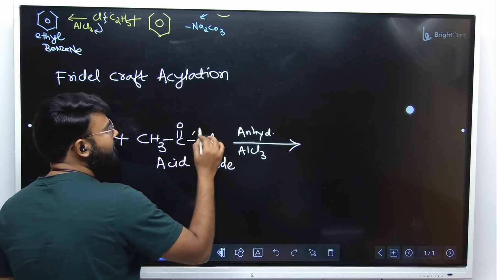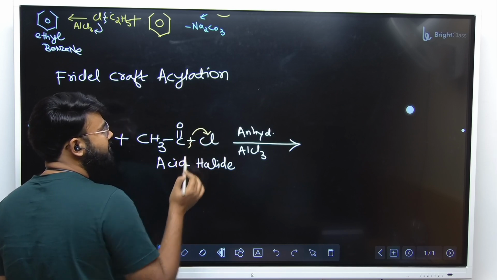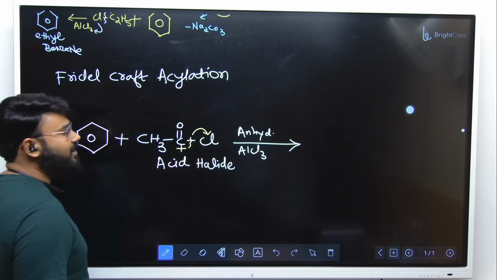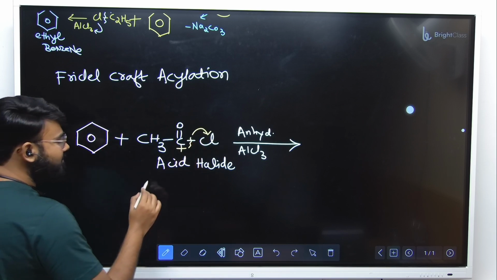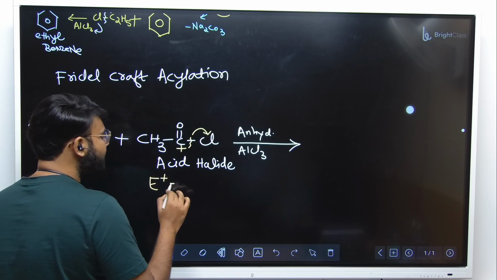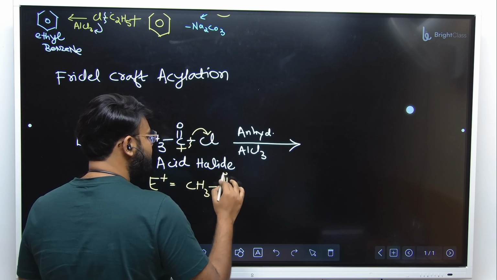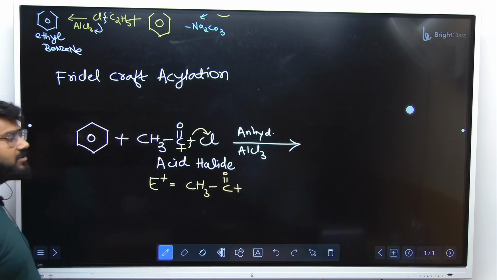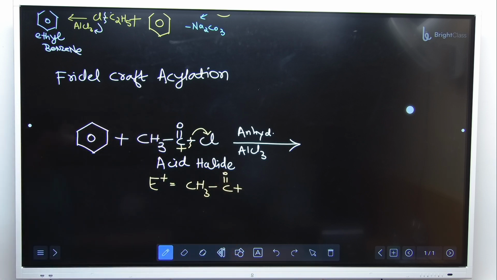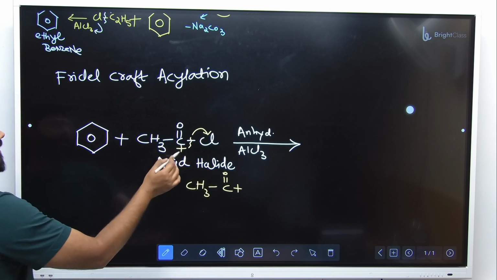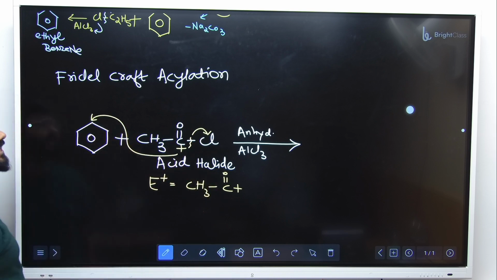The chlorine will take the electron and it will leave, so a plus charge will come here. So what is our electrophile here? We have the electrophile is this. Guys, please look at your electrophile. Can you all see this? This is your electrophile. This electrophile will attack here, right?